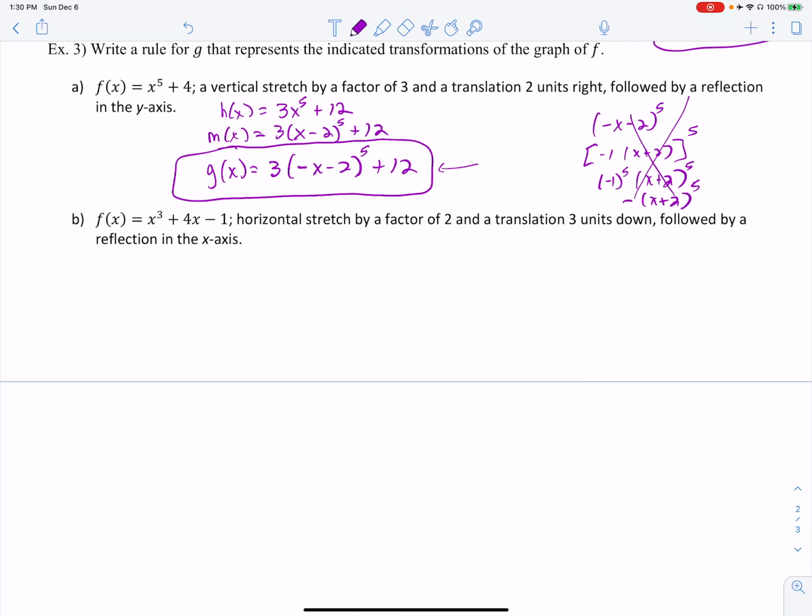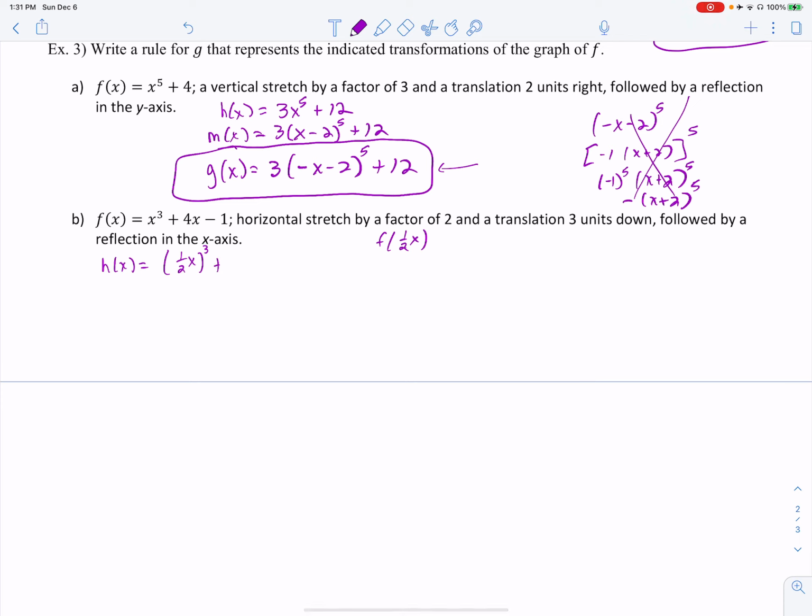All right, part B. Horizontal stretch by a factor of 2 means you need to find f of 1/2 x. You need to replace all x's with 1/2 x because you have to use the reciprocal for horizontal movements. And so I'm just going to call that h of x. Would be replace x with 1/2 x, and it needs to be the cubed on the outside.